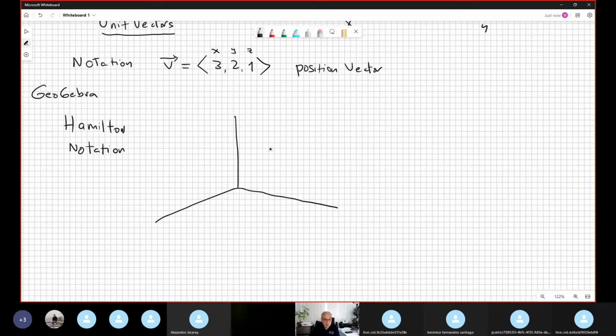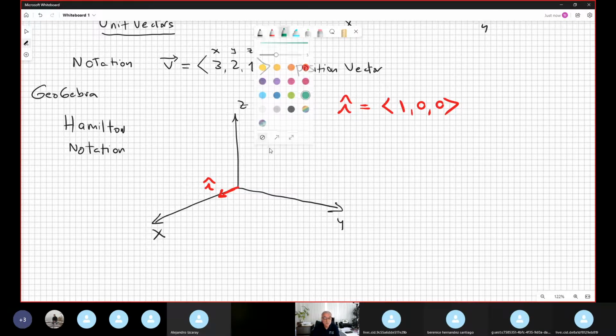Okay, and here the x-axis, y-axis, z-axis, and in the x-axis we have the vector i. The vector i. Look, this is a notation, i hat. What does i mean? i means the vector 1, 0, 0. It's the univector in the direction of the positive x-axis. We have the vector j.